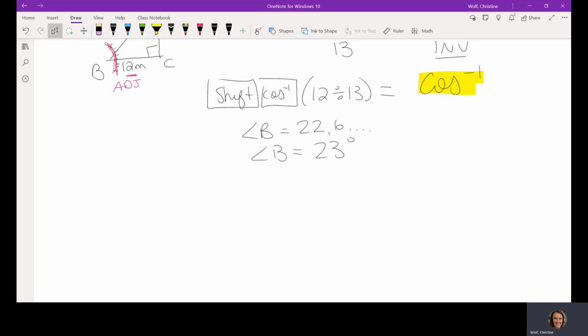There you go. Your calculator is awesome, you're just going to go shift, it pops it up, open the bracket, 12 divided by 13, close bracket. See that R? It can't be an R, it has to be a D. So, see this DRG button above? You go shift, you want degree 1. There we go.